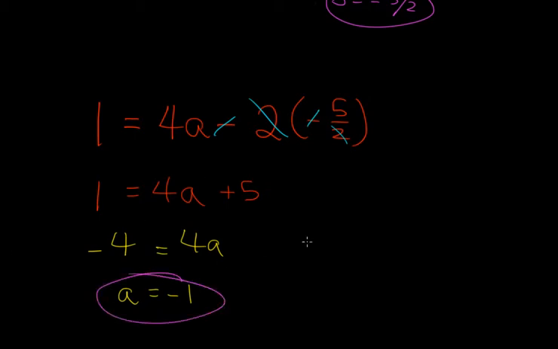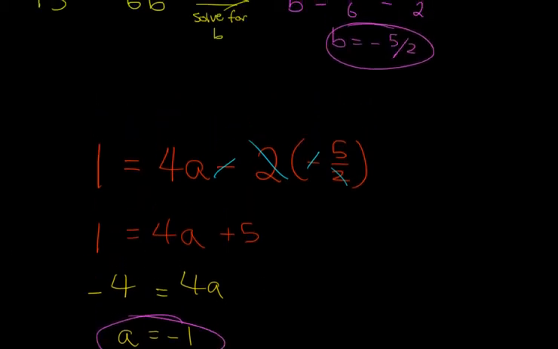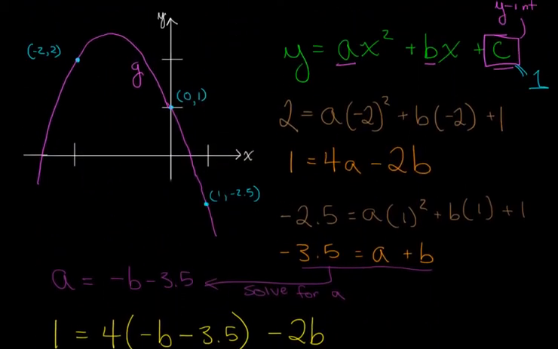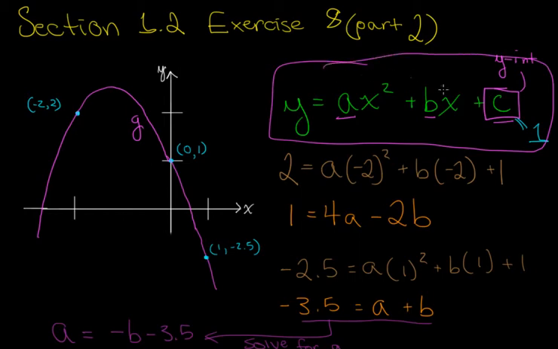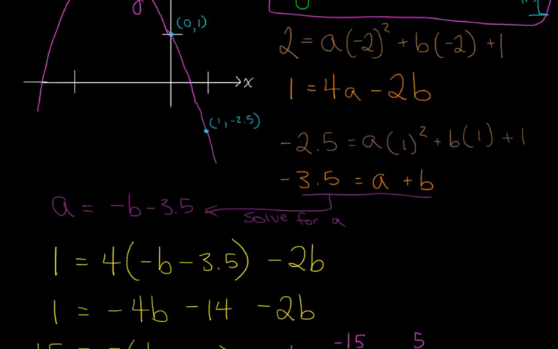So a is equal to negative 1, b is equal to negative 5 halves, and c is equal to 1. We plug everything into the equation for a parabola. Wow, we did a lot of work. So y, or f of x, is equal to negative x squared, since a is negative 1.